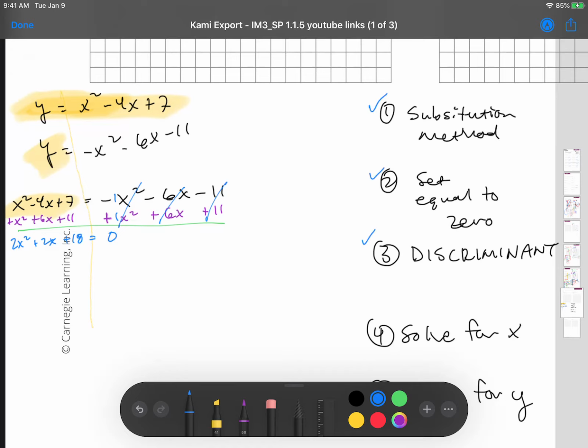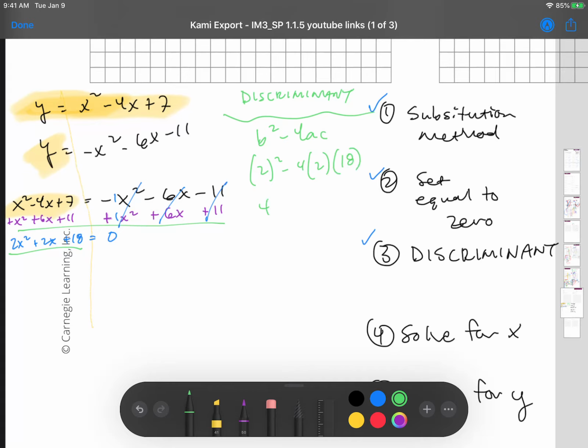Let's go ahead and check our discriminant. You have to check the discriminant. B squared minus 4ac. So my b value is 2, my a value is 2, and my c value is 18.